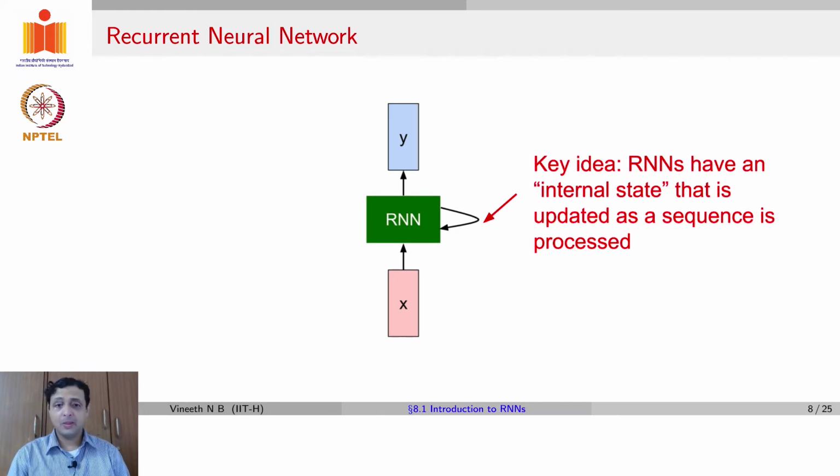The key idea of RNNs is that they have an internal state which is updated as a sequence is processed. One could view this internal state as some kind of memory that retains some information from past data of the same time series, and this idea is something that we'll talk about later this week also.